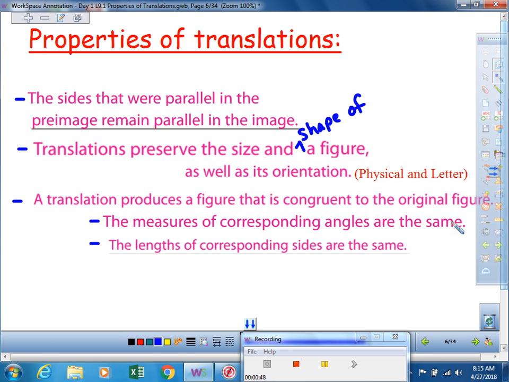A translation produces a figure that is congruent to the original figure, so same size, same shape, and the measures of the corresponding angles are the same. So if there's a 90-degree angle in the first one, there's a 90-degree angle in the second one, and then the length of the corresponding sides are the same, okay? Because the size is not changing.